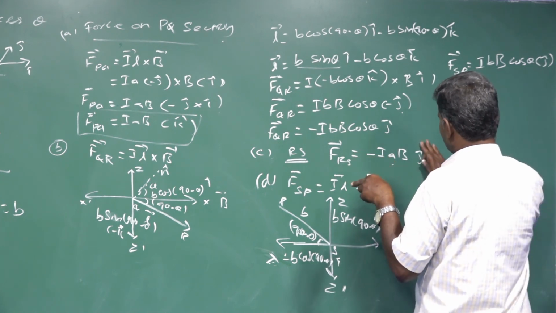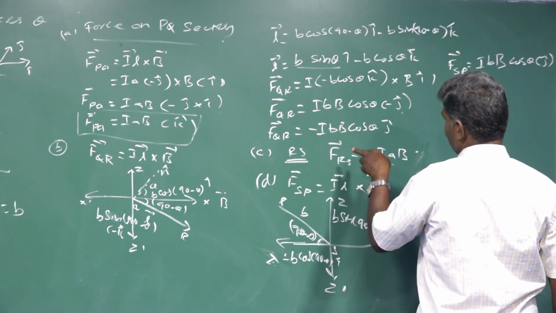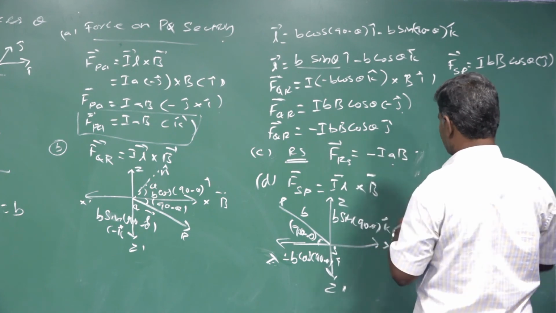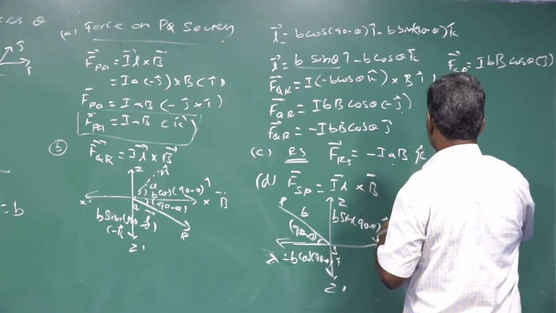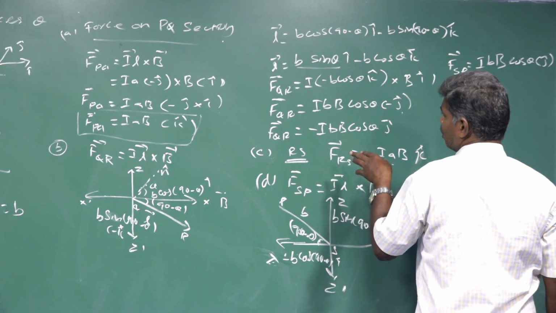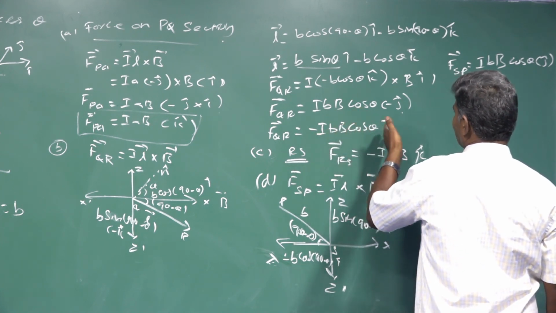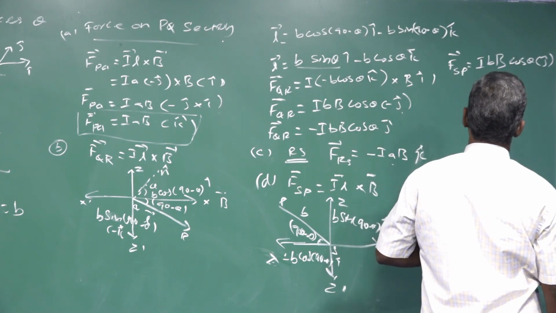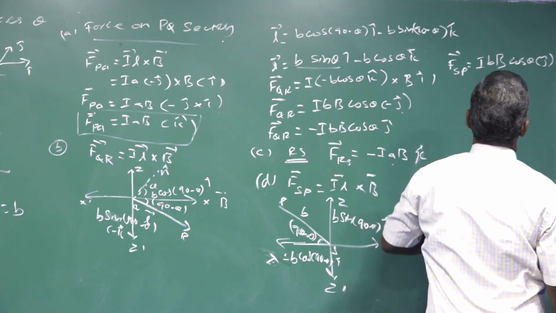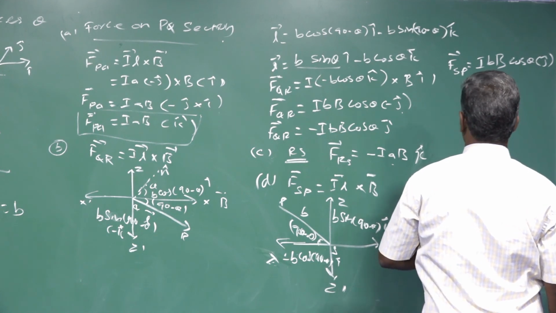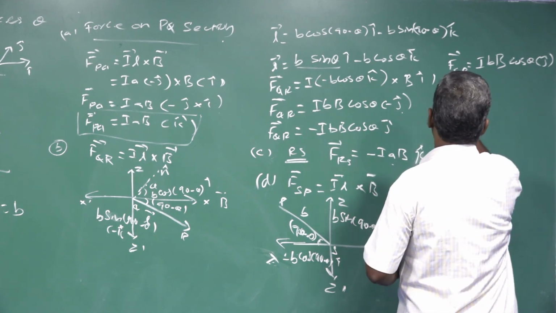Next, the cross product of the two vectors gives minus k cap. Then the second one is minus IAB cos theta into j cap, and the fourth one is plus IAB cos theta into j cap. Then we calculate the net force.